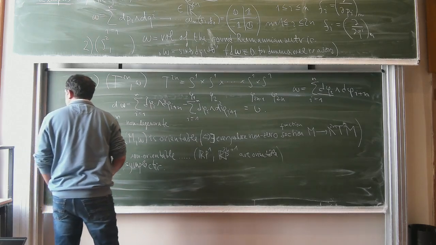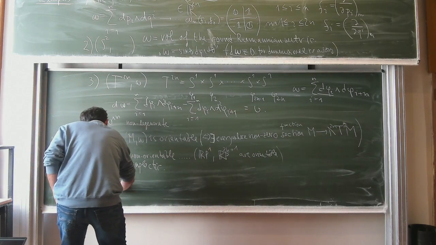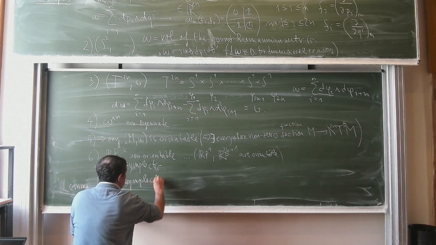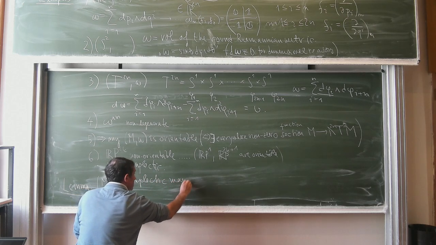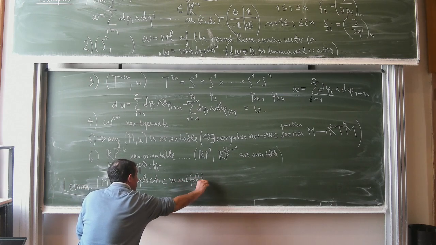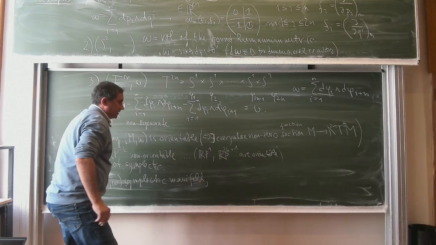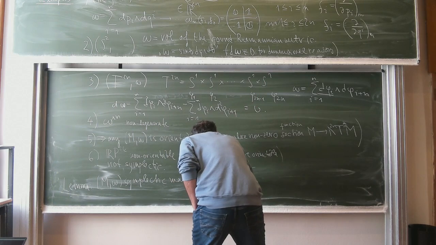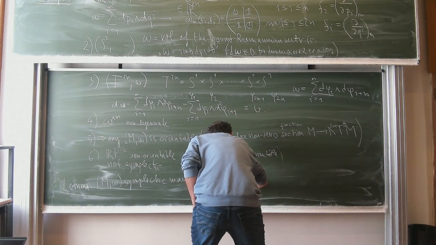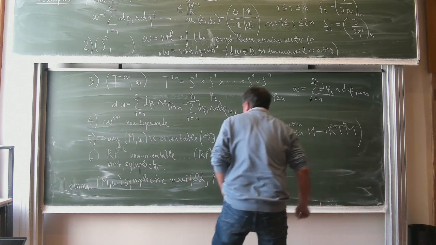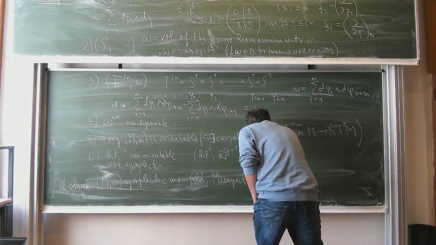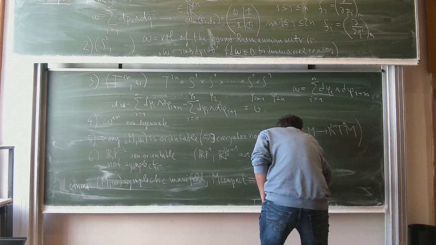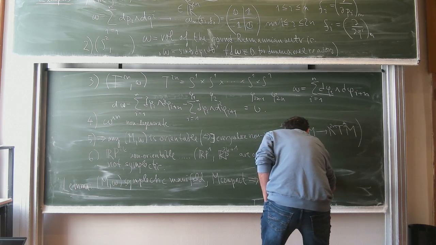If M is symplectic, and M is compact, unfortunately, then omega cannot be exact.